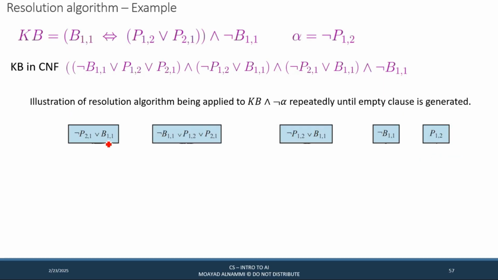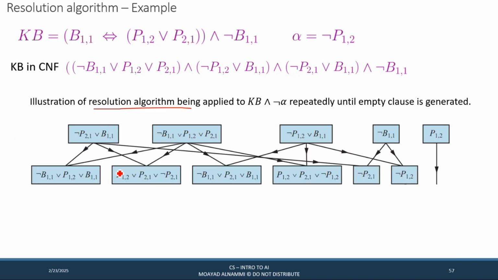Now I'm going to repeatedly apply the resolution on these pairs of clauses. So let's say I took this clause, resolved it, and got this clause. I resolve this clause and this clause. It yields multiple clauses, actually.